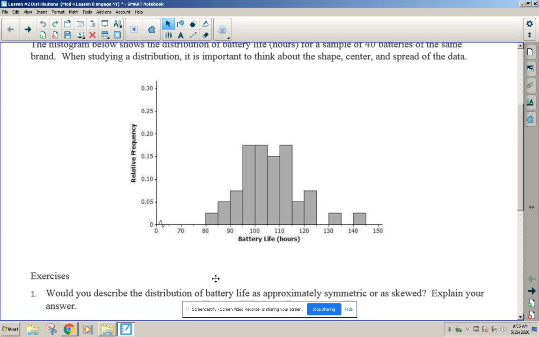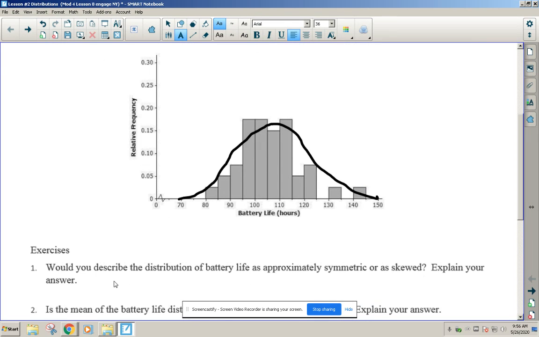Here, this would look like it is approximately symmetric, because if you were going to draw a histogram that you're used to seeing, it would go up, it would have height, and then it would come down, and that would be what we would call our normal bell curve. Now, this isn't perfectly underneath the normal bell curve, but this is approximately symmetric. So that's how I would answer this question here.